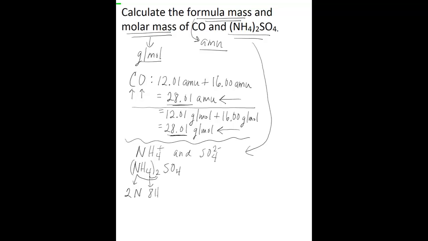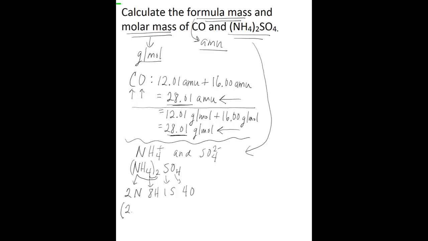So you have 8 hydrogens, you have 1 sulfur, and then you have 4 oxygens. So what you do is you multiply the atomic mass for each of those elements by those numbers to get the formula mass or the molar mass. So let's speak in terms of formula mass.